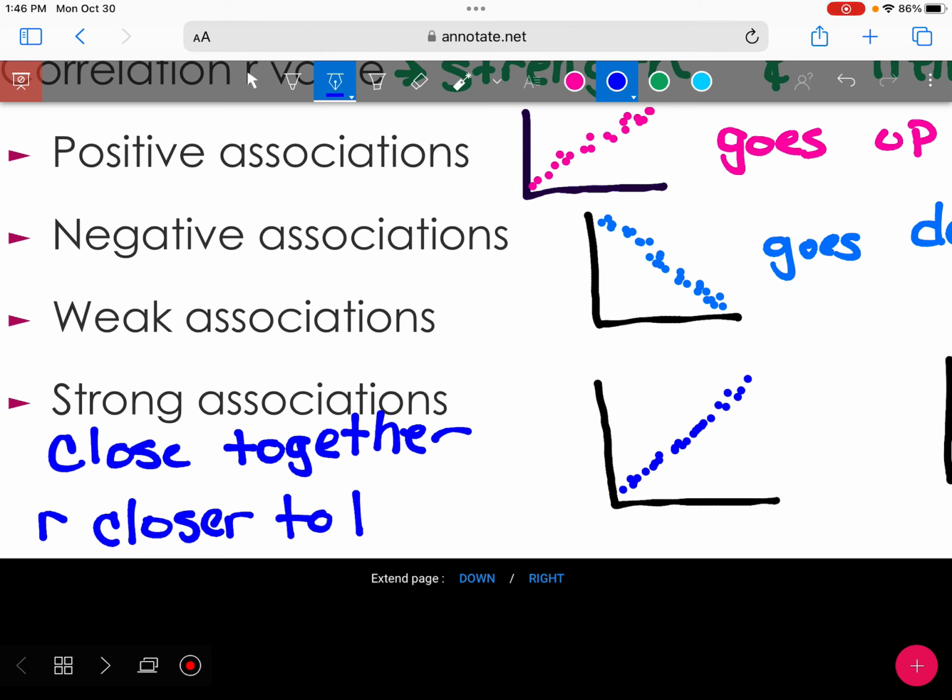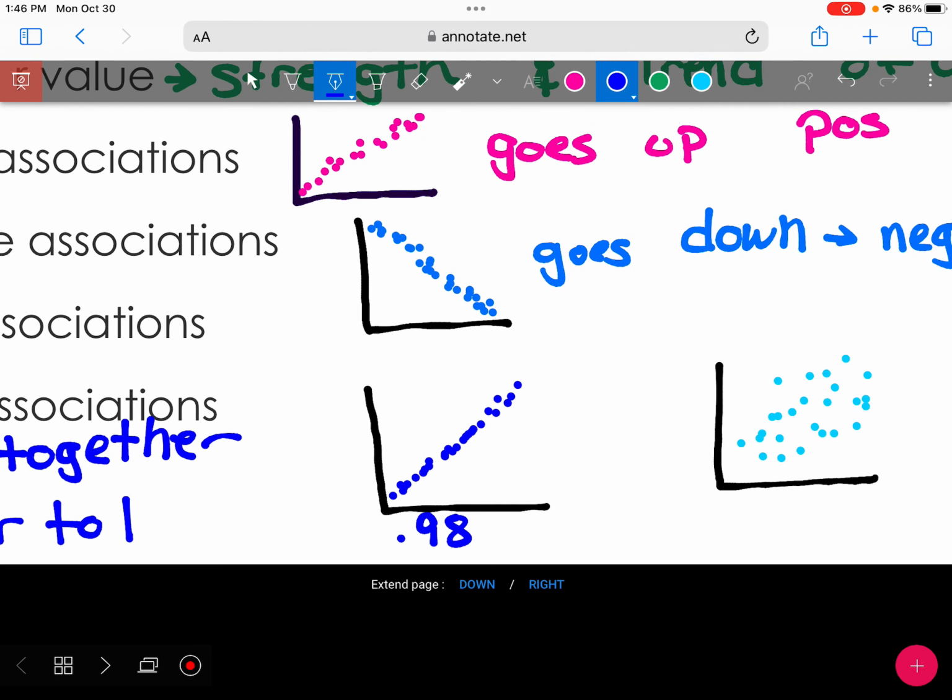Think of it again as kind of what percent closeness. It's going to be a decimal, so this is probably a 0.98 R value. If it was a negative association, it's still going to be close, but it's going to be closer to -1. So we still think of it as kind of a percent, but it's going to be negative because it's falling.